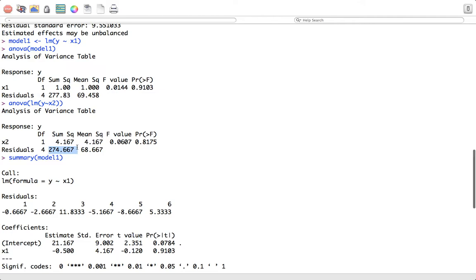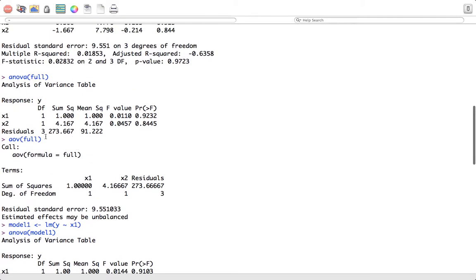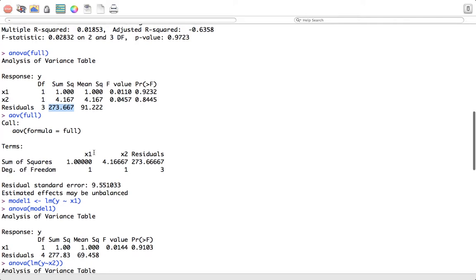And then the sum of squares error for the entire model, which is the full model, is 273.667. Well, if my mental arithmetic is correct, that's equal to 1, which is precisely the sum of squares for the regression when x2 is already in the model and we add x1.